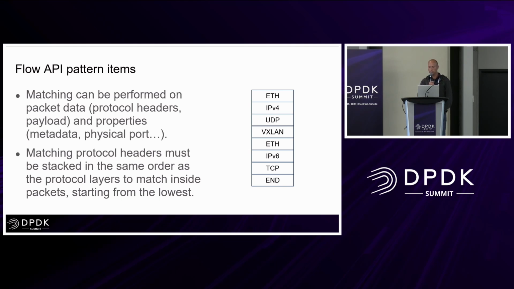But the main design of the pattern structure is that if you have the protocol layer structure, you have to match them, and you have to put the protocols one by one according to the OSI layout.